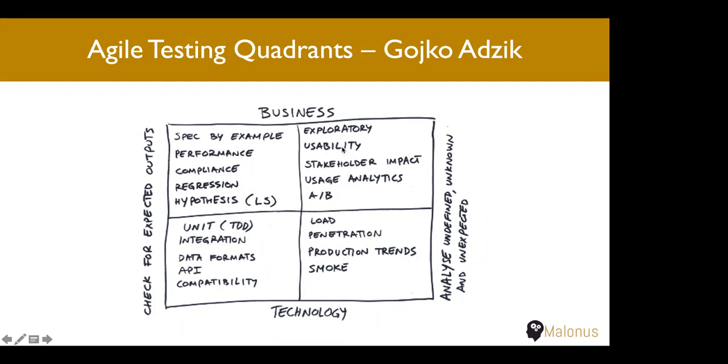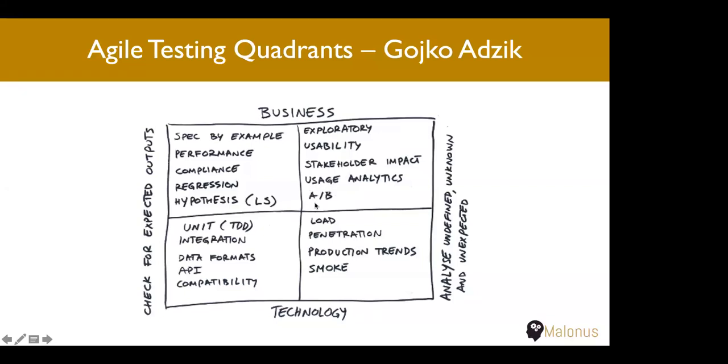And on the right hand side, you find exploratory testing, usability testing, stakeholder impact. One change adopted here is the idea of A/B testing and usage analytics, trying to find the unknown things based on experiments and to see whether those things are working or not.